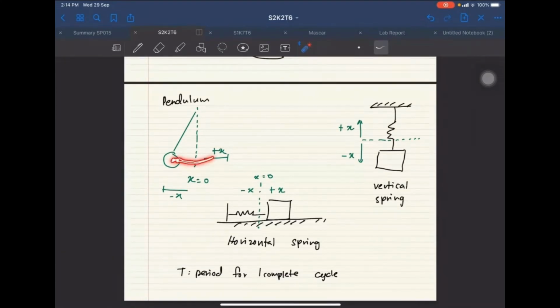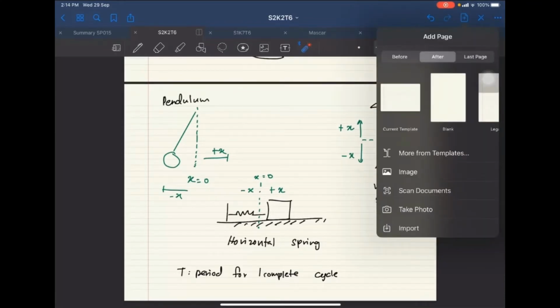That one is one complete cycle, one oscillation. So the time taken for it to move from there back to the initial position, that one is one period. Okay, the same thing apply over here lah. From here it moves to the left, move back to the initial position, that one is one period. Okay, this one is for the three example that they might ask. Okay, sometimes they might give you a different one, but in general, it looks something like this.